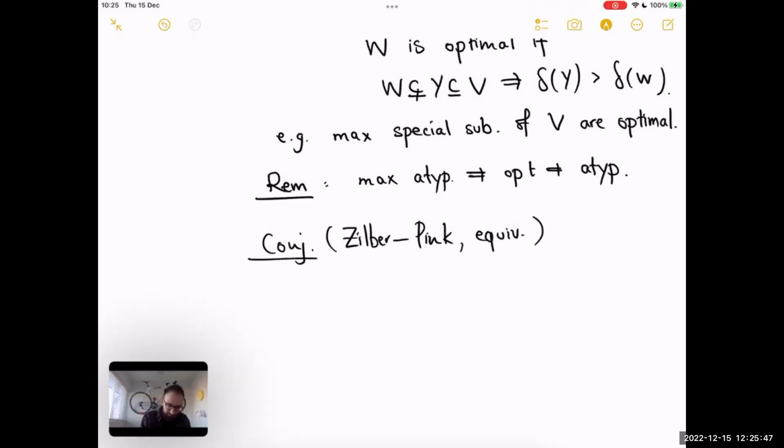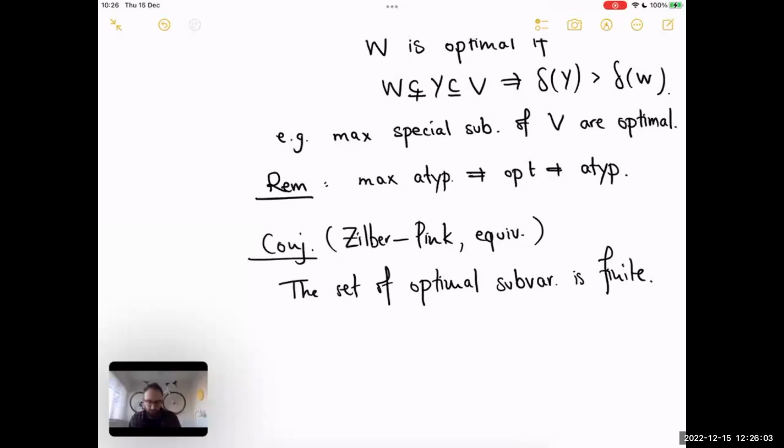And the statement is that the set of optimal subvarieties of V is finite. Okay, so this is very hard to do.